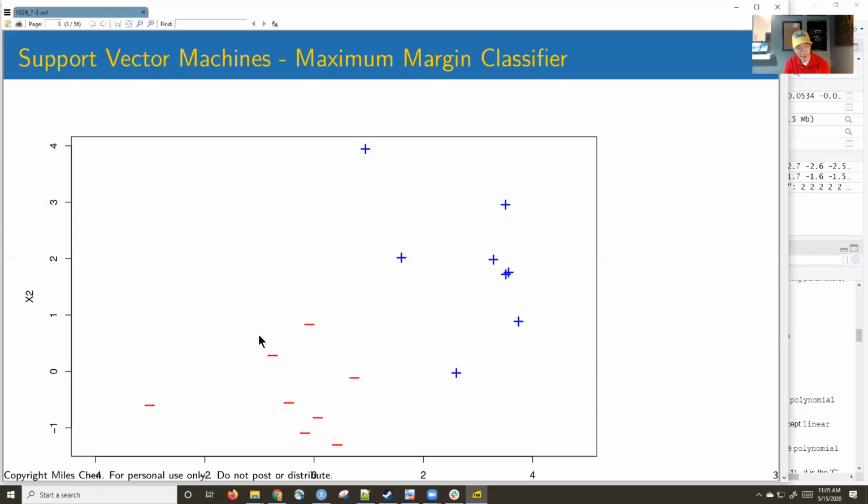We started off talking about the maximum margin classifier, and we said, okay, we've got some data in 2-dimensional space, and what we want to do is draw a linear hyperplane, which in 2D space is just a line. We're going to draw a linear hyperplane that's going to separate the plus points from the minus points.